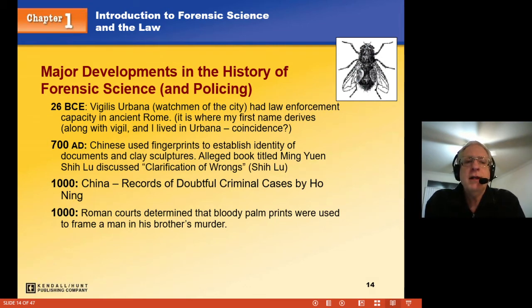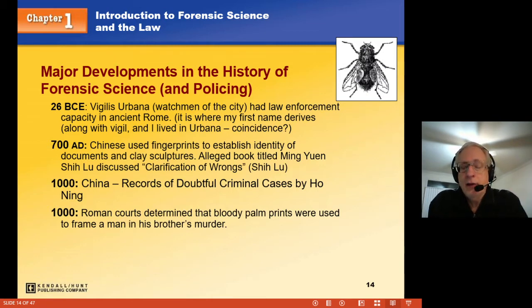They also used it in clay sculptures. In Shilu's Clarification of Wrongs, there's an indication that a fingerprint left by the artist in a clay sculpture was used to prove that it belonged to that sculpture. So even though it's not guilt or innocence, it's matters of law.